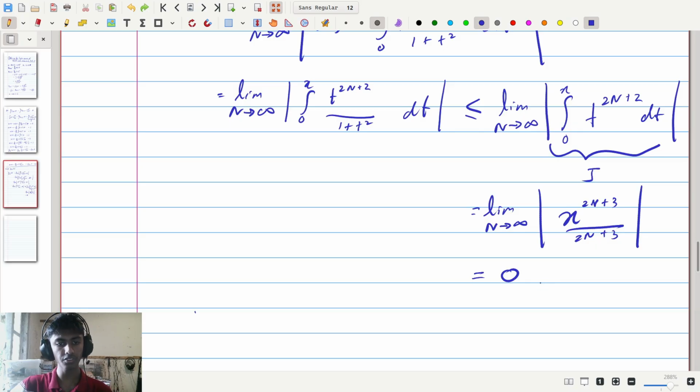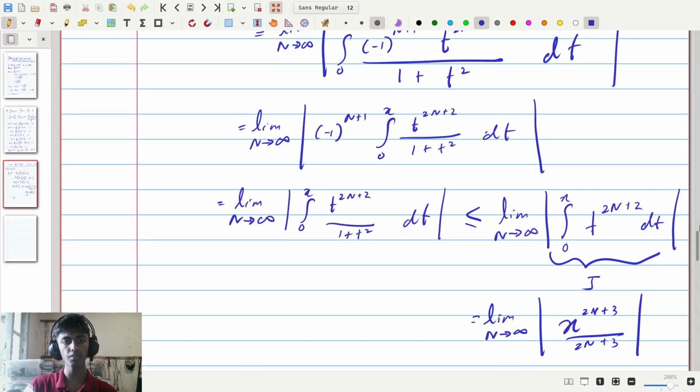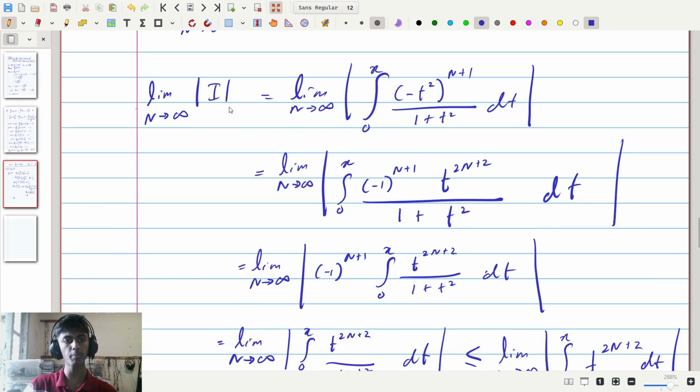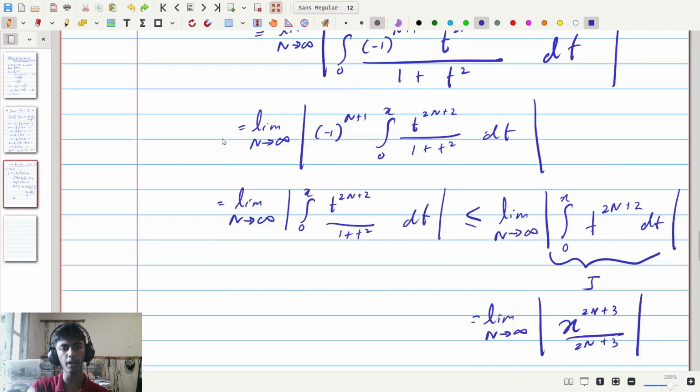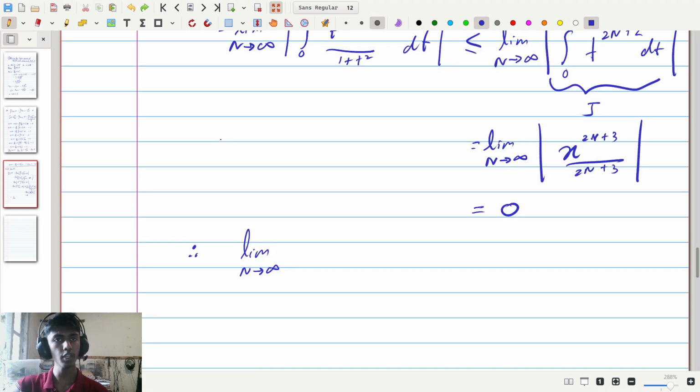So we can say that the first limit that we wanted to find, the limit as n approaches infinity of, and actually we can substitute this thing all the way up here. We have all of these equal signs, meaning that the actual limit is the limit as n approaches infinity of the absolute value of I. So the limit as n approaches infinity of the absolute value of I is less than or equal to 0.